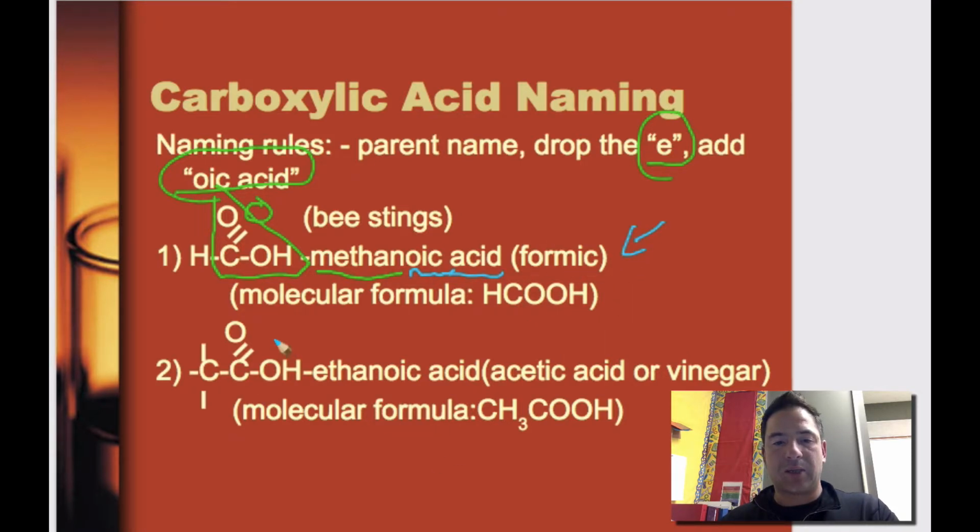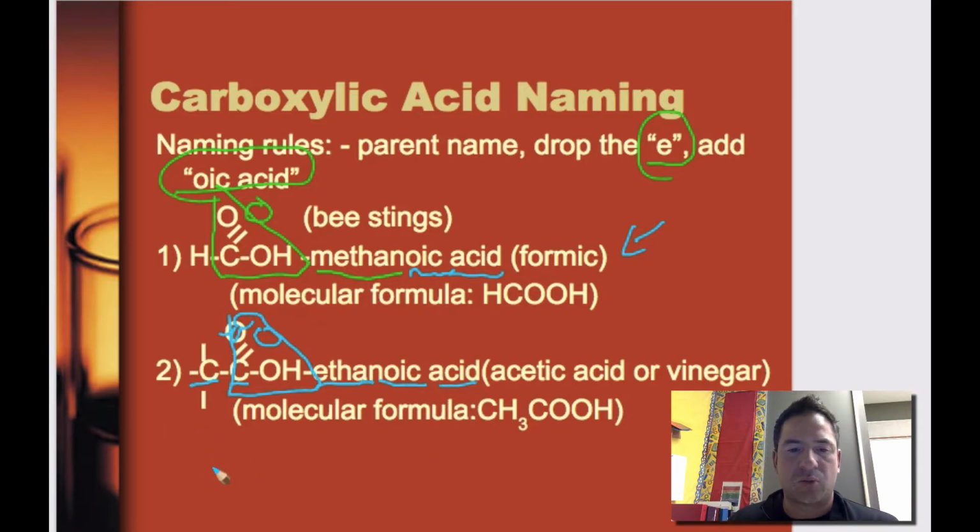All right, down here again, that O should be right here, not there. And so here we call this ethanoic acid. How do I know it's ethanoic? Because 1, 2 carbons is our eth, and I'm seeing this carbon, this hydroxyl, and this carbonyl attached. Then I know it's going to end in oic acid, so ethanoic acid.